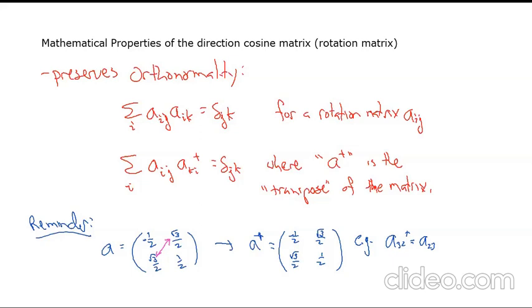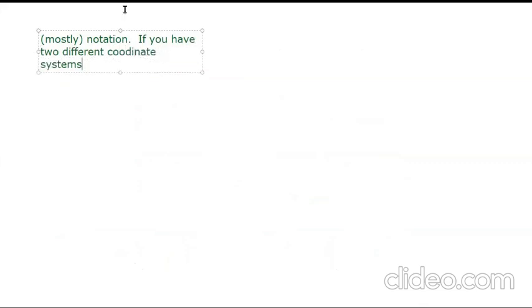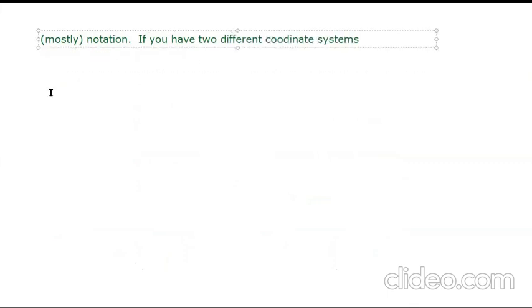There is another way of creating them, is that if, for instance, you have two different coordinate systems, this is mostly notation. So you got two different coordinate systems, and basically the most important vector that you'll consider actually is the position vector.